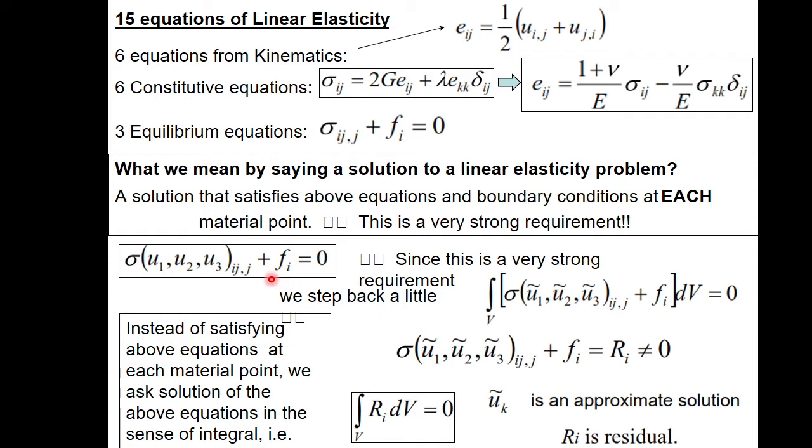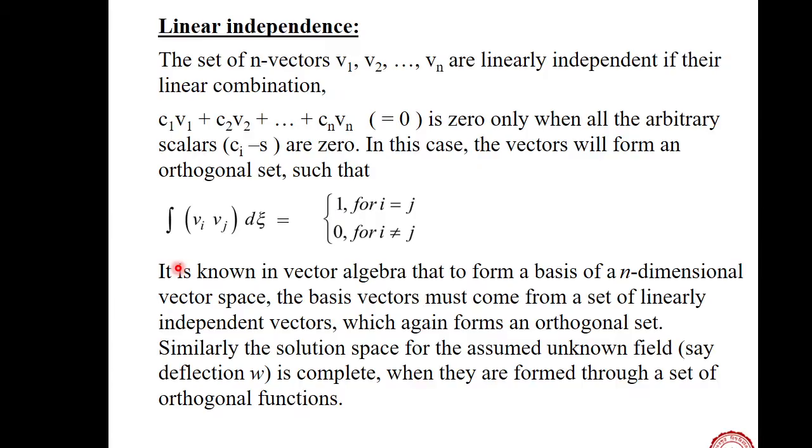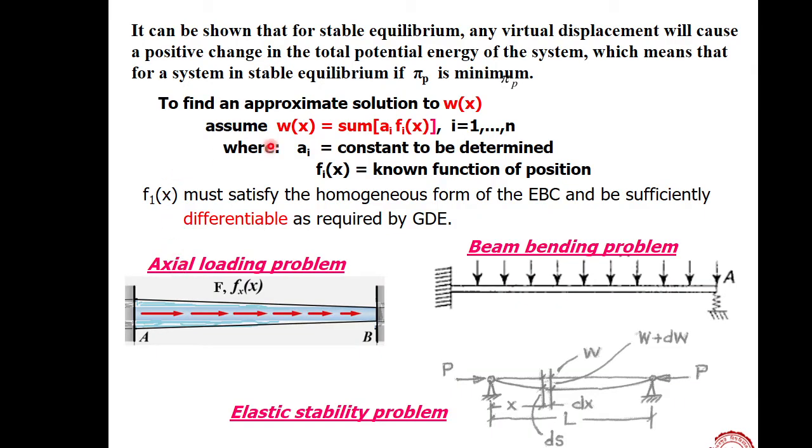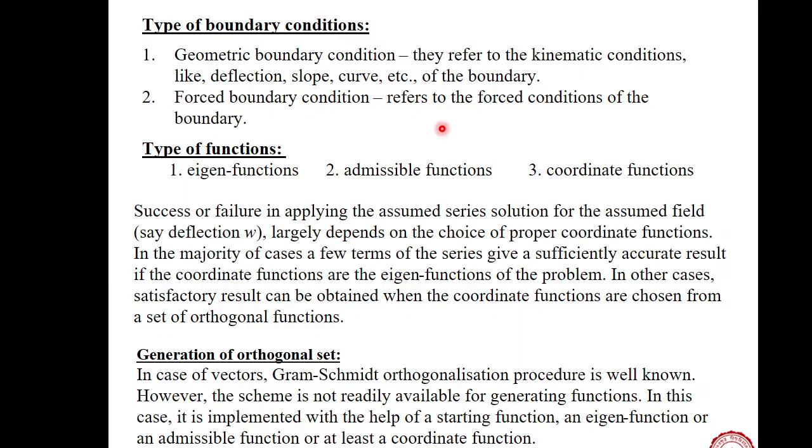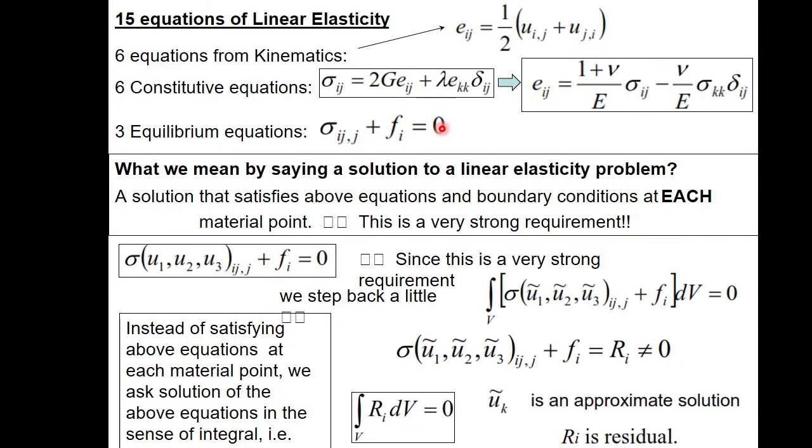You see, if this equation is 0, this particular field for displacement is the exact solution. But whatever we did earlier, it is basically an approximation. So when it is an approximation, we know that it is not an exact solution of the problem. So if it is not an exact solution, you see there is a tilde, that means this is approximate.